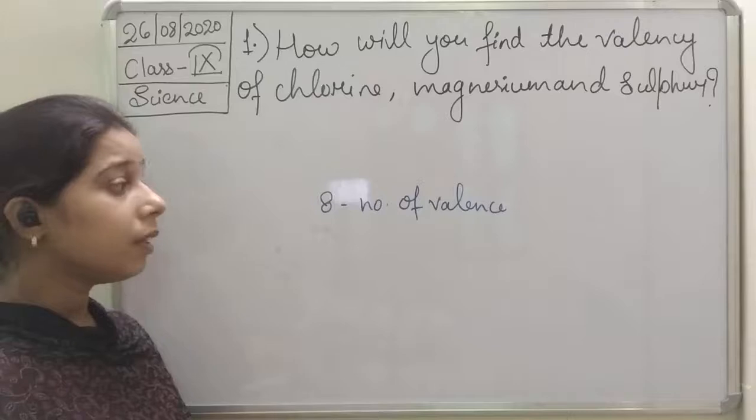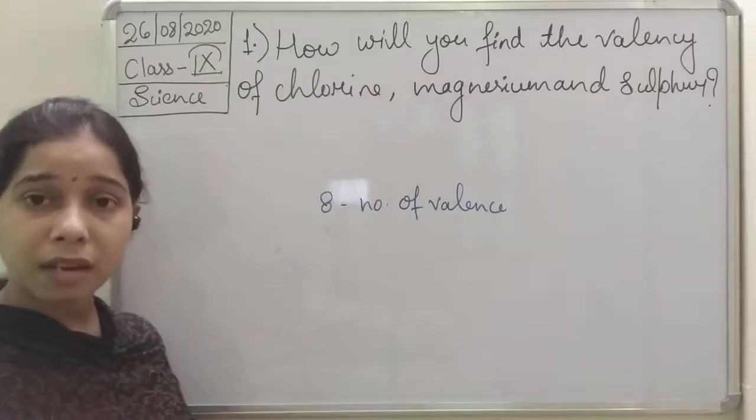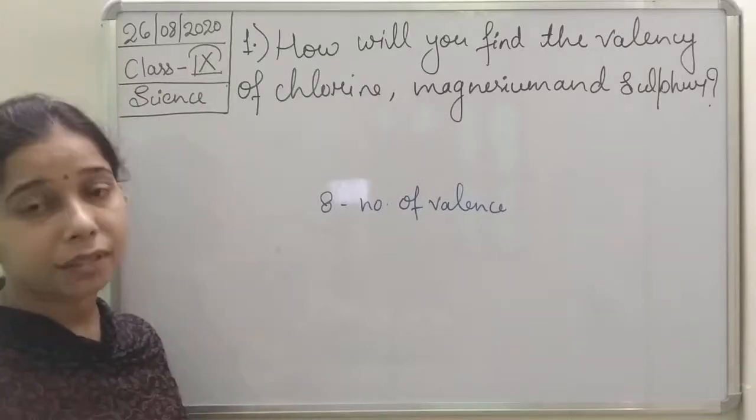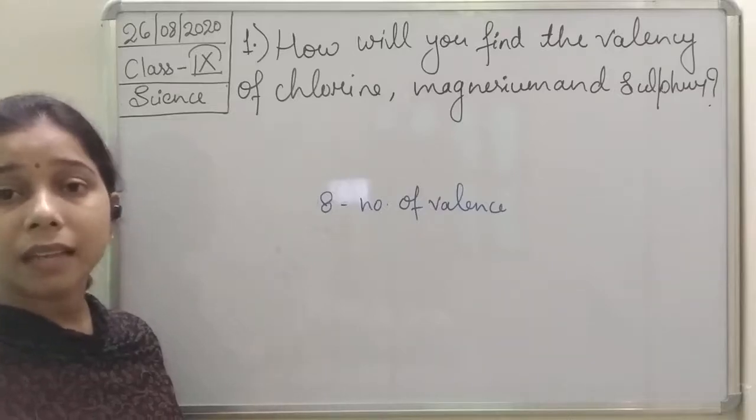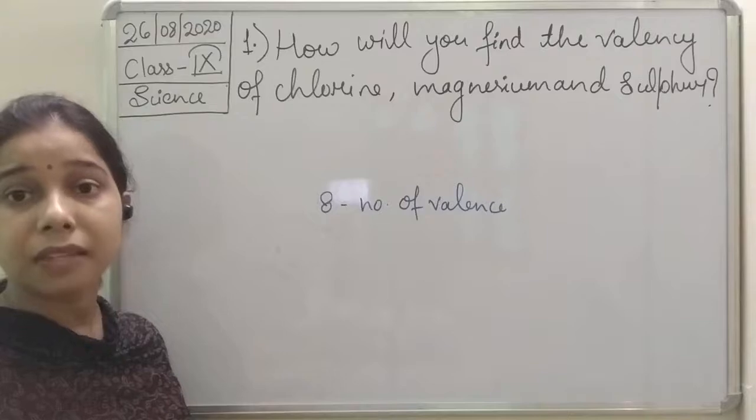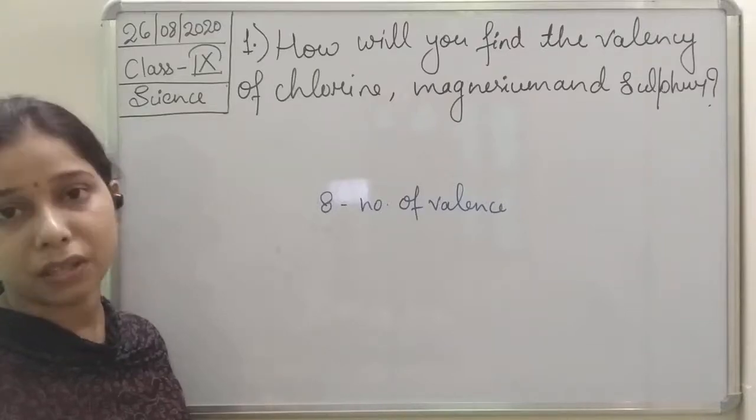Now the valence electron, the outermost shell: if it has completed its octet, then we can say that the atom has a stable electronic configuration.